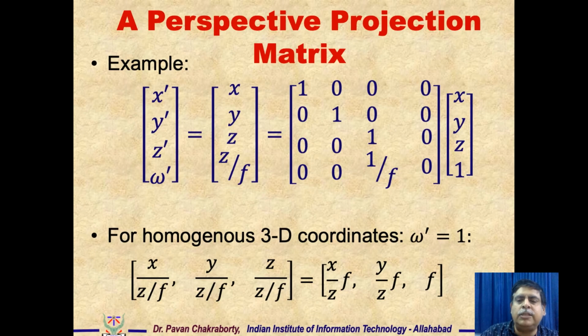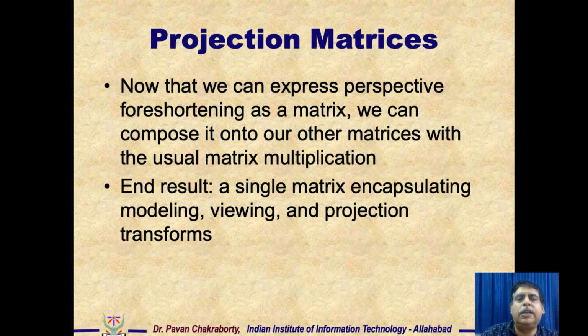Now, since this transformation is in a matrix format, as shown here, now that we can express perspective foreshortening as a matrix, we can compose it onto our other matrices with usual matrix multiplication. End result, a single matrix encapsulating modeling, viewing, and projection transforms.